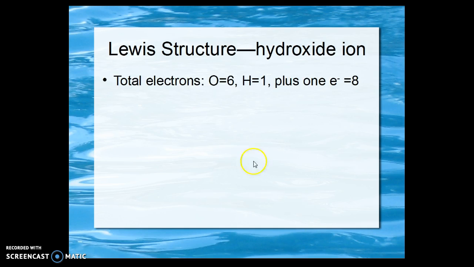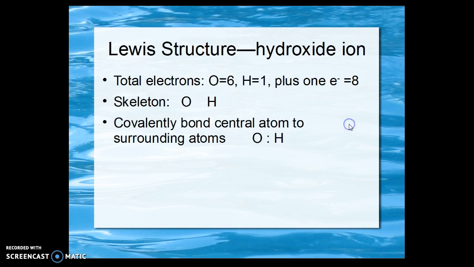It's got 6 total electrons from oxygen. That's valence again, only the valence electrons. Hydrogen has 1 valence electron, and you also have an electron to spare, the negative charge on the ion. Oxygen, of course, will be bonded to hydrogen. The covalent bond between the central atom and hydrogen.